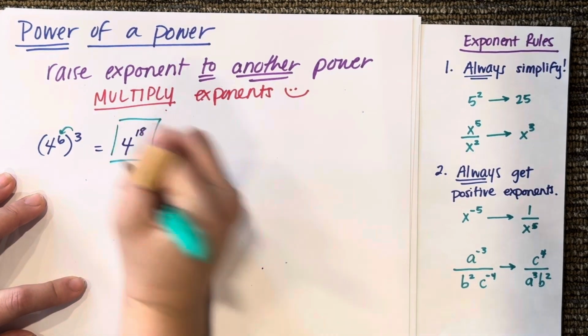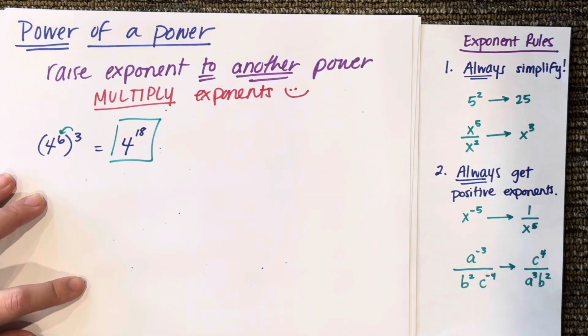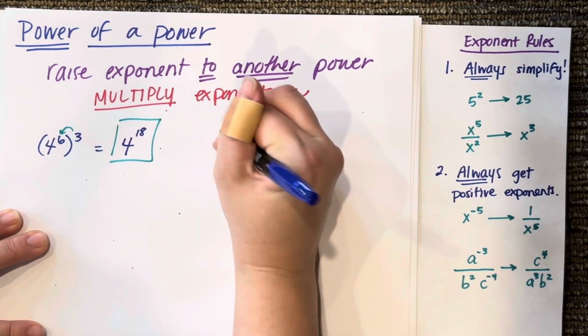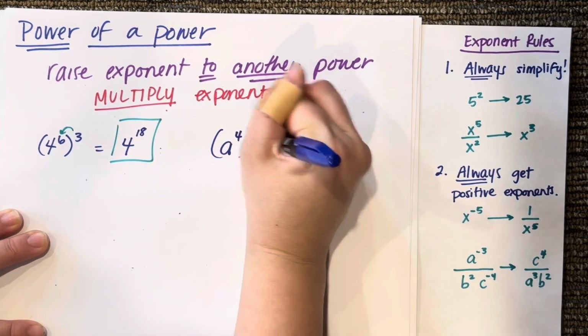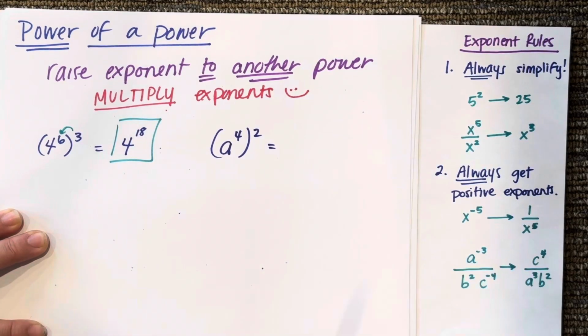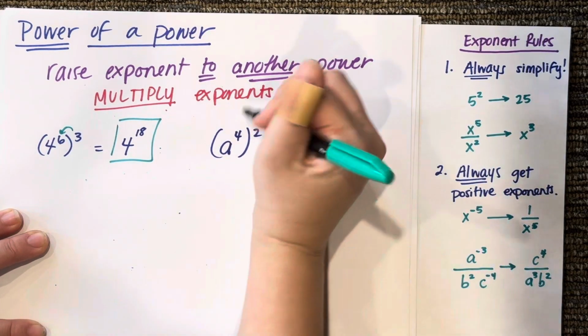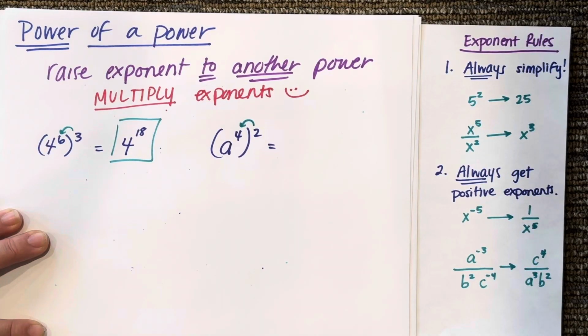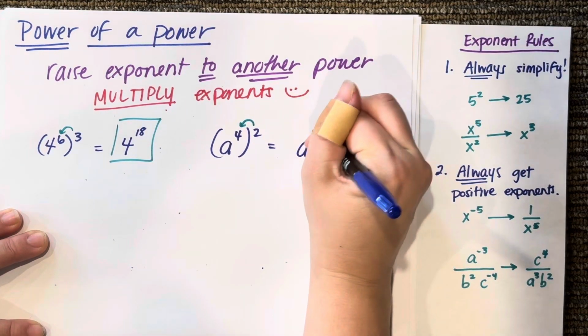Now technically, I should simplify this and get this out into whatever an actual number is. That's gigantic. I'm not going to do that. Okay? If I had a to the 4th raised to the 2nd power, this is a to the 4 times 2 is 8. So this is a to the 8th.